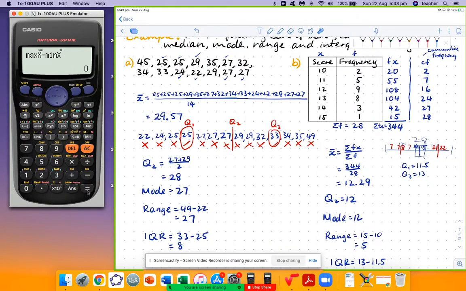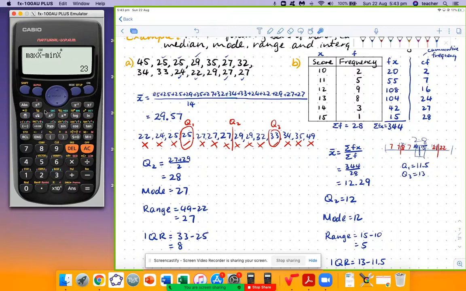Okay, so you can put all of that in, press equals. Oh, my number's wrong. Oh dear, I must have made a mistake. Yes, I did. That should have been a 45, not a 49. Oh my goodness. I will go fix that, but make sure you fix that one in your own notes. So the range should have been 23.